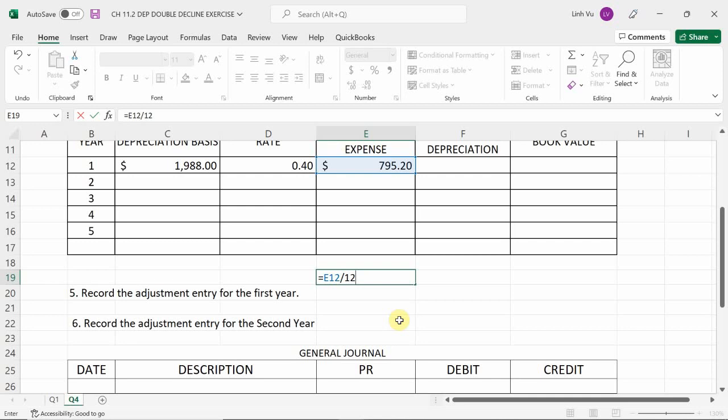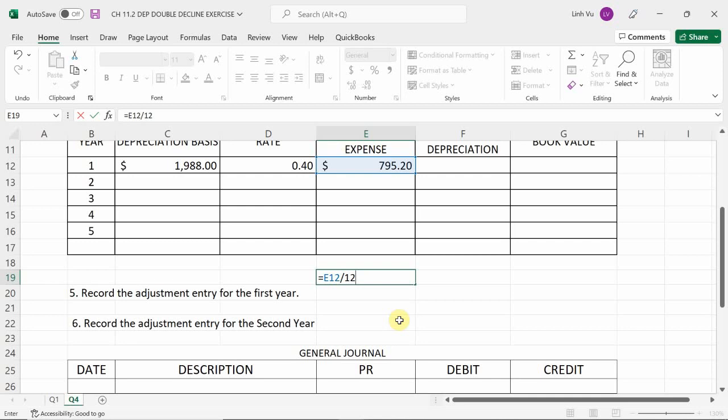If I started with $795, that's for one whole year. Convert this in terms of months. How much is it going to cost me per month? $265. No, that's for the 4 months.